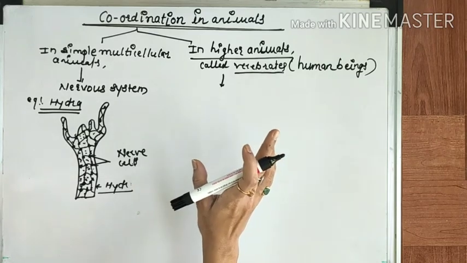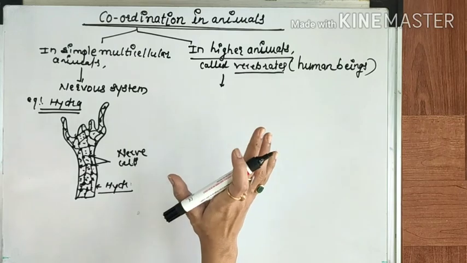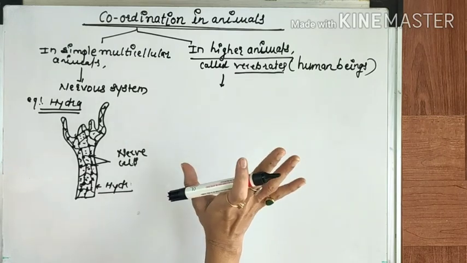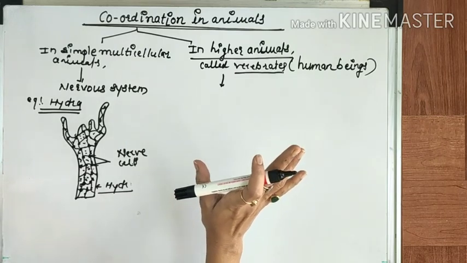the control and coordination take place through the nervous system as well as the hormonal system.